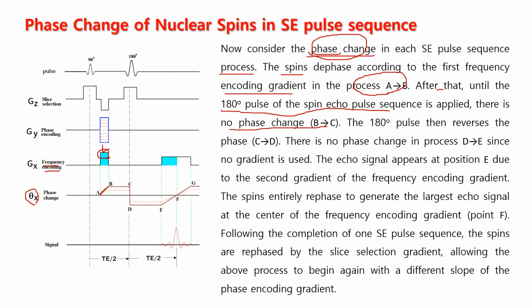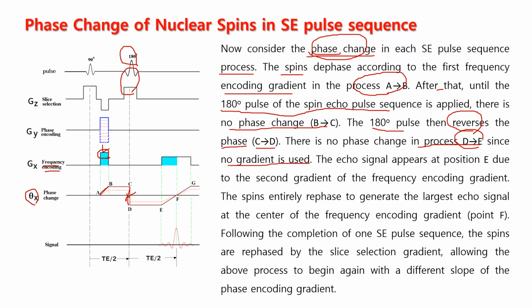And then the 180-degree pulse reverses the phase from C to D. There's no phase change in the process D to E since no gradient is used.